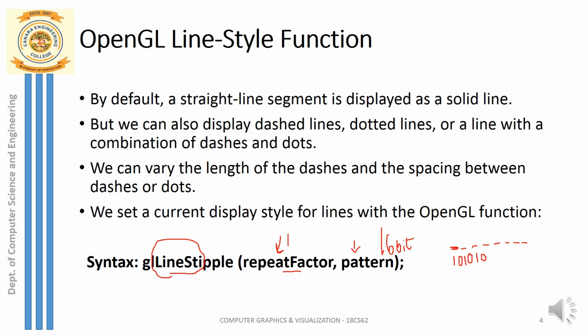It is not drawn again. After this bit 1, you take the bit 0, a blank space. The previous bit is not repeated; you take the next new bit, 0. Again after the 0, you take the next new bit 1, where you draw the line. So you are not repeating bit 0.